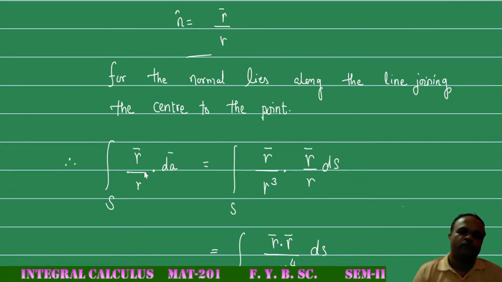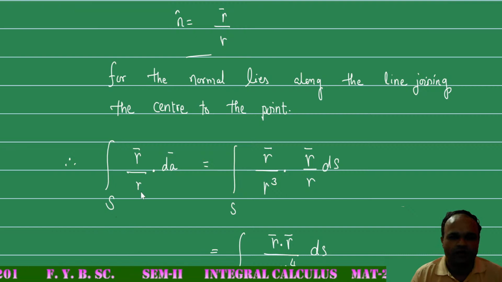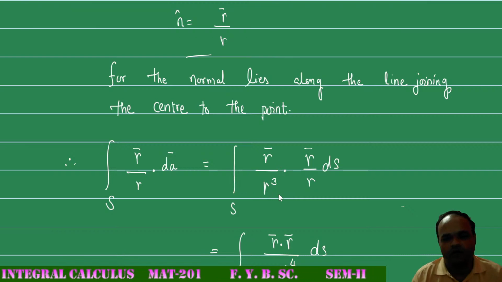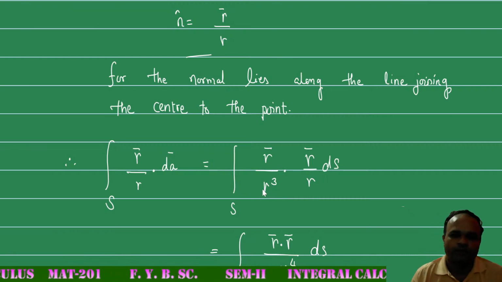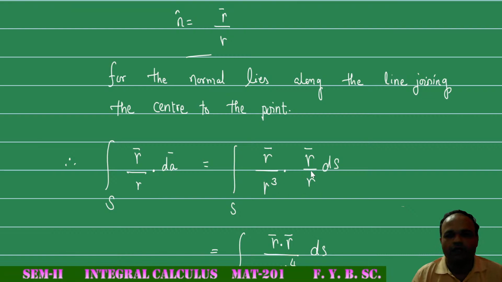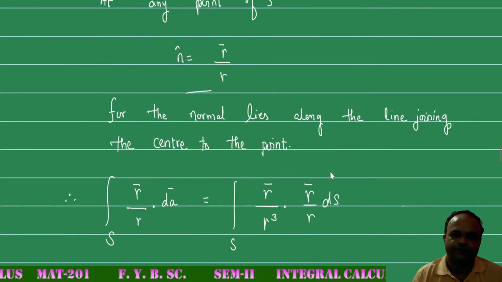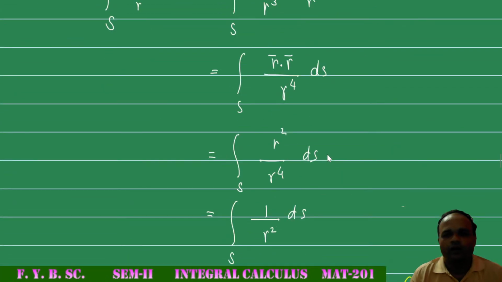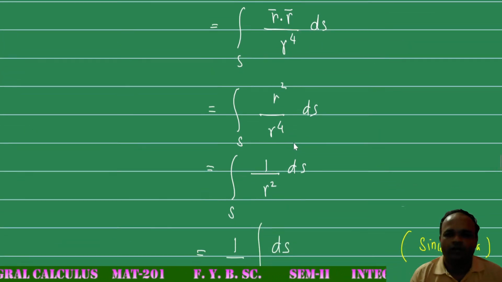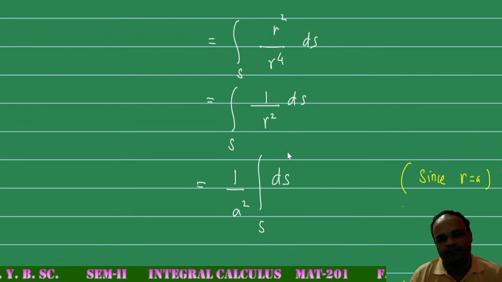So here, what is our required flux or surface integral? That is the integral over surface S of r bar divided by r cube dot n cap dS. After simplification it will be r bar dot r bar divided by r raised to 4 dS, and r bar dot r bar is r square, so divided by r raised to 4 it will be 1 upon r square dS.